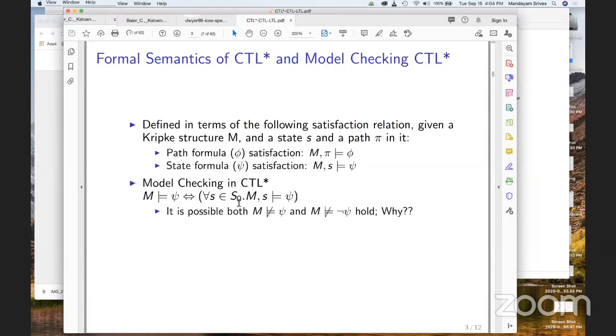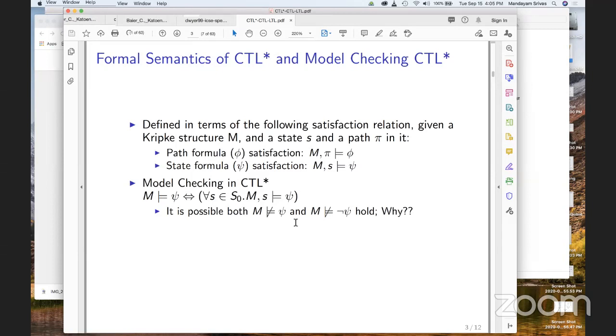Because of the way this is defined, that it has to hold for every initial state, it is quite possible that for some formulas, both psi and not psi may not hold. For some initial state it may hold, and for some initial state it may not hold.